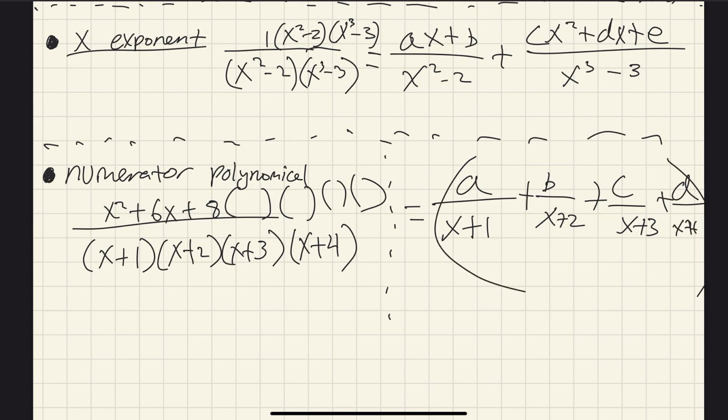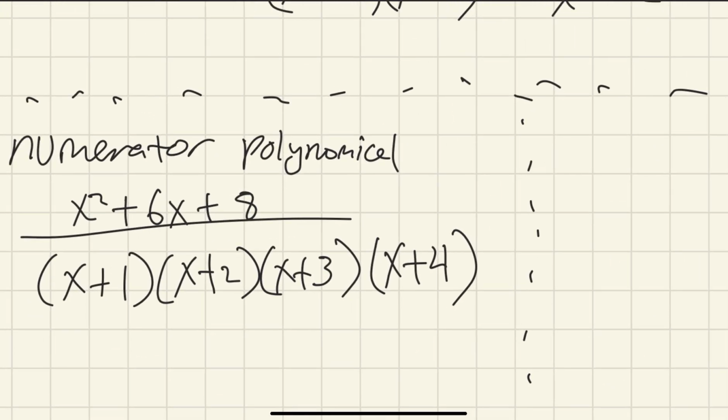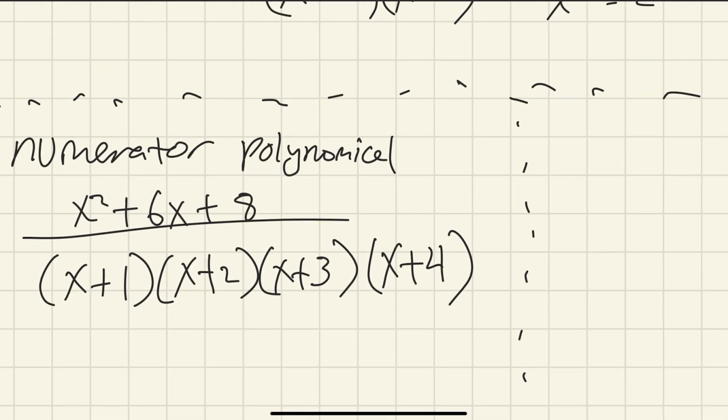You'd multiply the whole thing by all of these terms. You could solve it out from there. That would totally work. However, if they give you a polynomial in the numerator, there's a good chance that you can make your life a whole lot easier if you factor the numerator.